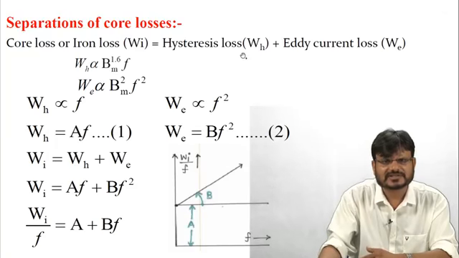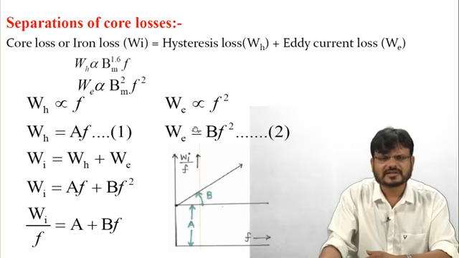So what is the iron loss? The iron loss is the hysteresis loss plus the eddy current loss. So Wi is equal to WH plus WE, where WH is A f and WE is B f square. Taking f common, you can write Wi upon f equal to A plus B f.